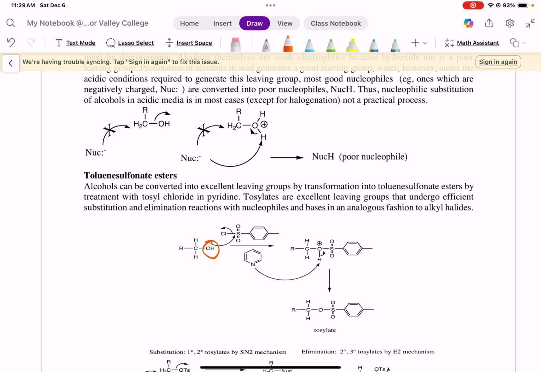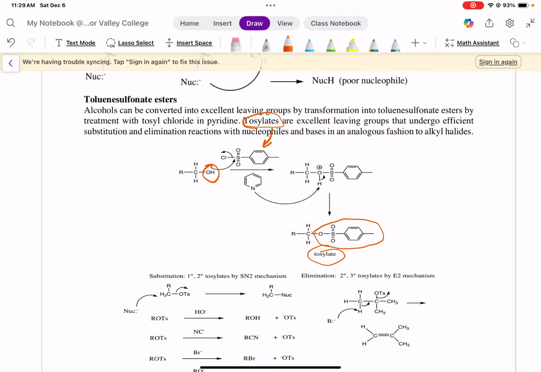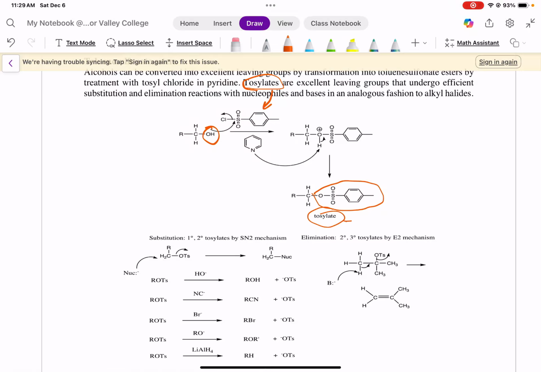Now, another way to get rid of the OH is to tosylate it, meaning react with tosyl chloride to turn that into a tosylate. This is known as the tosylate. That's the tosylate right there, okay? And it turns out tosylate can take off by itself, just like a good leaving group like Cl or Br, iodide or Br.